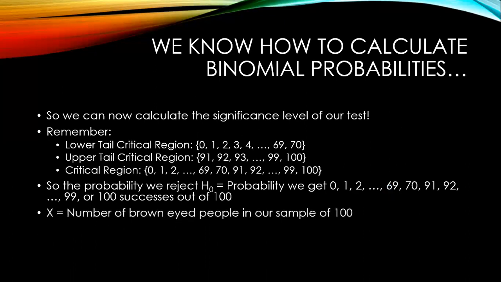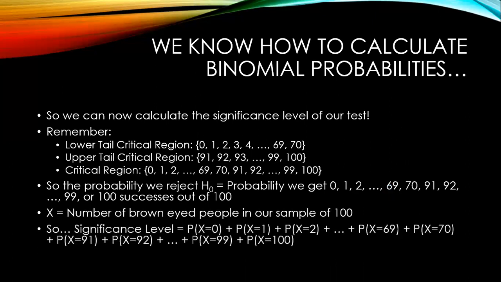So again, if X is the number of brown-eyed people in our sample of 100 people, then the significance level is the probability that 0 people have brown eyes, plus the probability that 1 person has brown eyes, plus the probability that 2 people do, plus 3, 4, 5, up to 69, plus 70. And then remember, we forget 71, 72, 73, up to 89, because those are not in our critical region. That's our acceptance region.